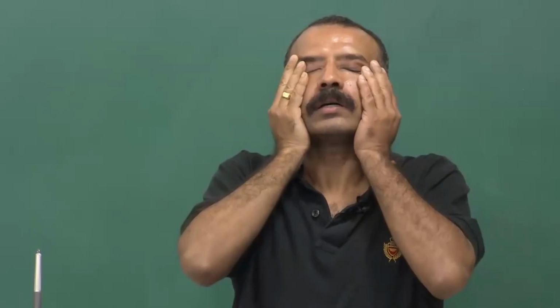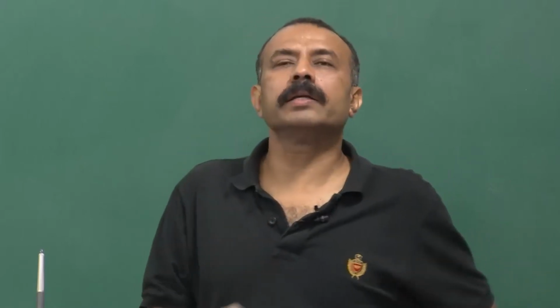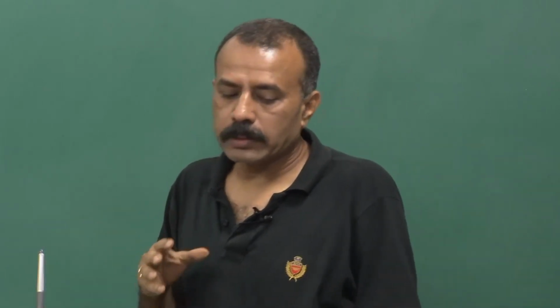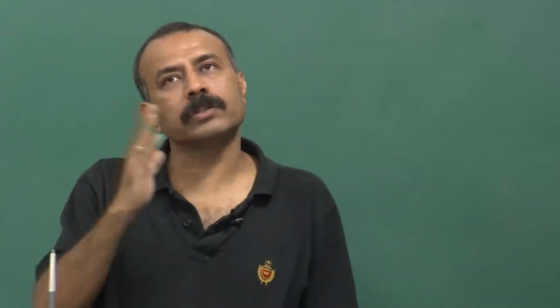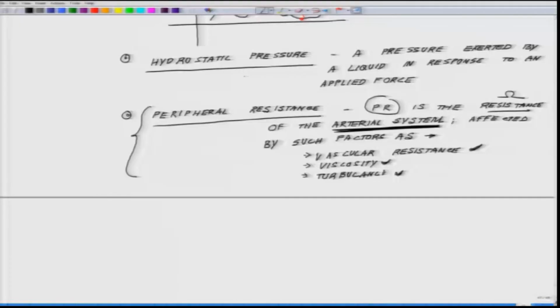So, it has a pre-calculated viscosity, but if the amount of particles increases in the blood, the viscosity changes. As soon as the viscosity changes, it exerts different levels of pressure on the walls. So, that is what is meant here by viscosity.